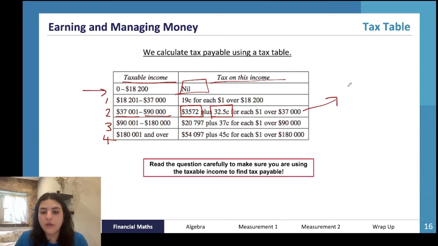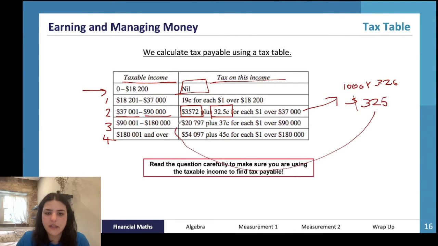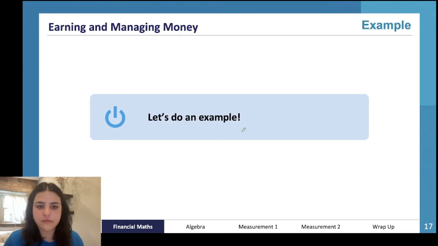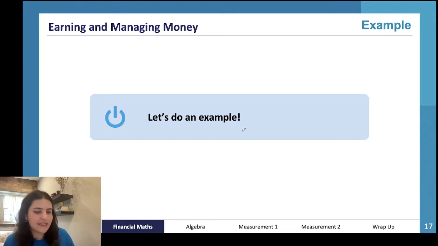So if they earn, let's say 38,000, you would be doing 1,000, because that's the difference between 37,000 and 38,000, times 32.5 cents, and it would be something like $325 added to 3,572.